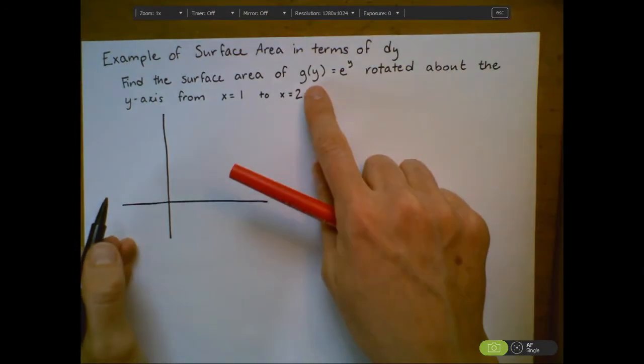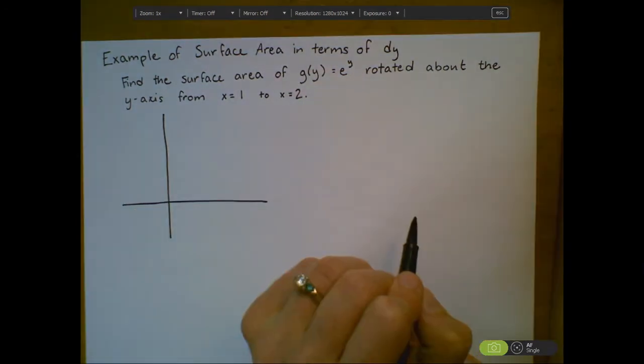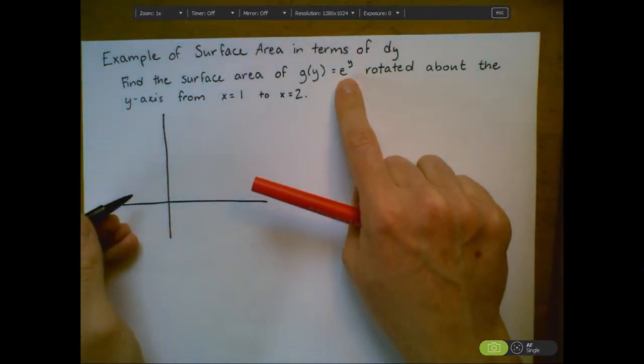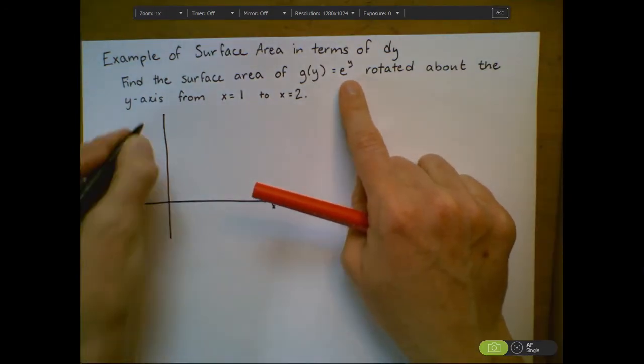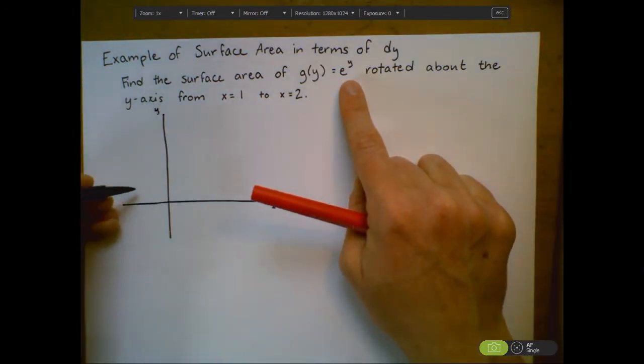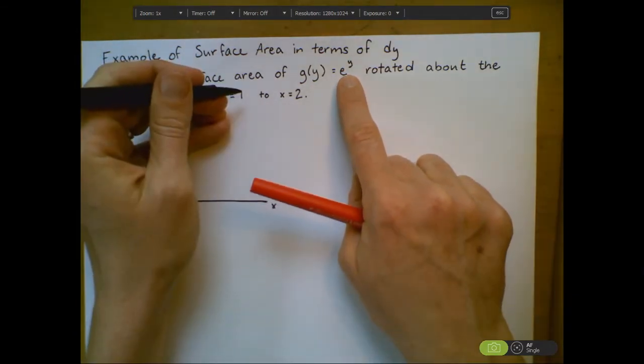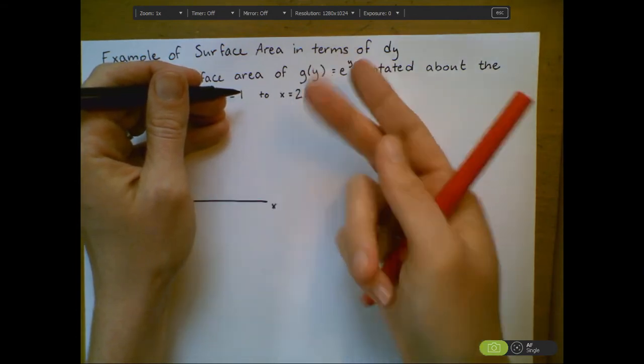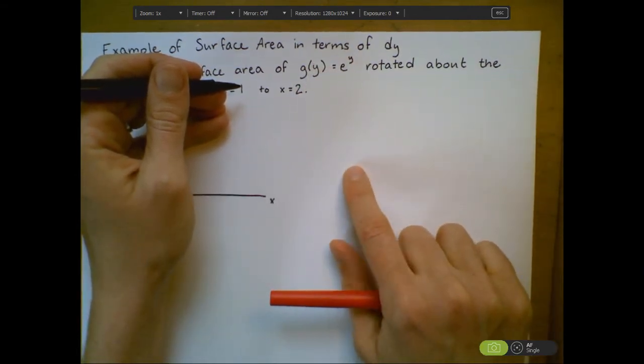So what does the function g of y equals e to the y even look like? I know what the function e to the x looks like. It's an exponential function that starts low and goes upwards. But this is not the function e to the x. It's the inverse of that function, because I flip-flopped the positions of the x's and the y's.